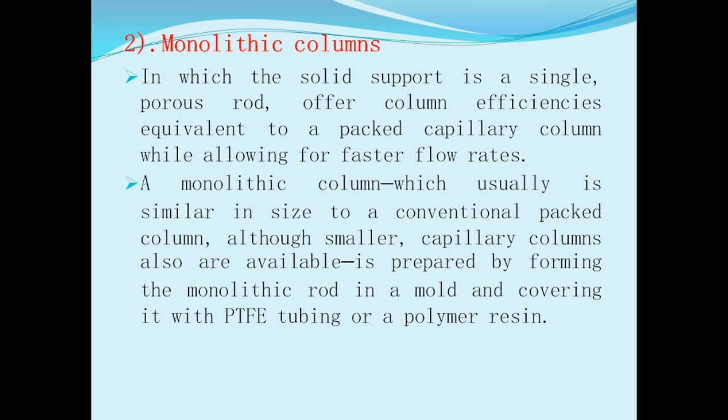A monolithic column, which usually is similar in size to a conventional packed column, although smaller capillary columns also are available, is prepared by forming the monolithic rod in a mold and covering it with Teflon, that is polytetrafluoroethylene tubing, or a polymer resin.